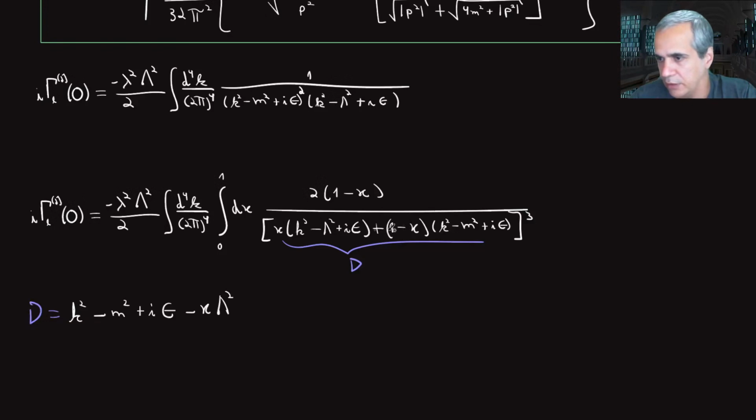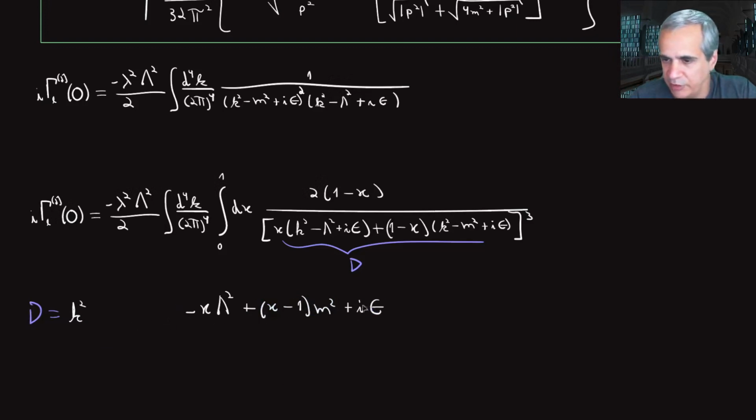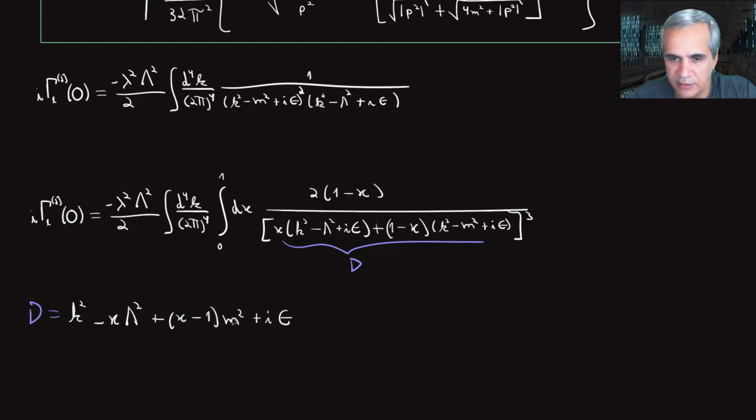And here is plus x m squared, which I can regroup here. So I can group this guy with this guy and write these as x minus 1 m squared. Put it up there. And then always bring the i epsilon to the end just to organize stuff.